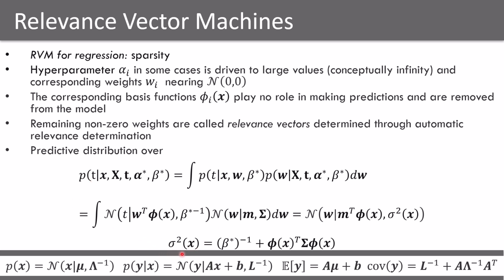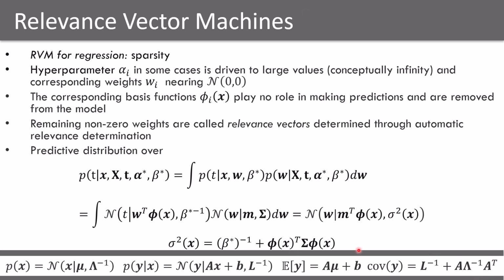So this sigma has this beta inverse, the tuned or estimated beta inverse, as the variance, and then we have the variance associated with the A, which is the phi x transpose, then L inverse, which is the capital sigma, and then A transpose.